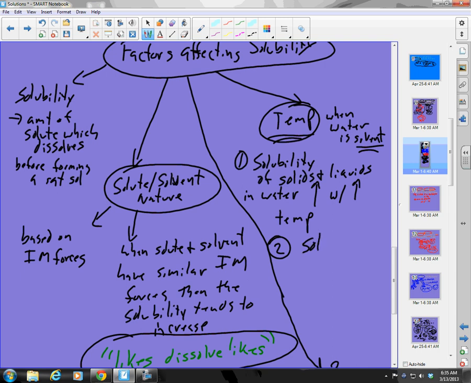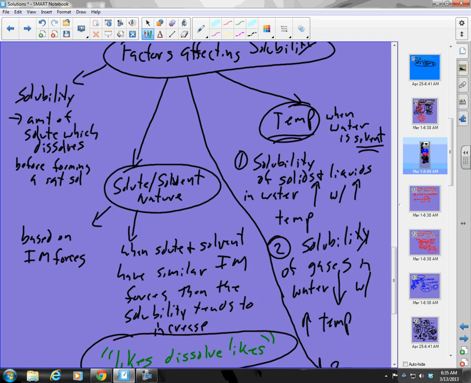The solubility of gases in water decreases with increasing temp. So as the temp increases, you get less solubility.